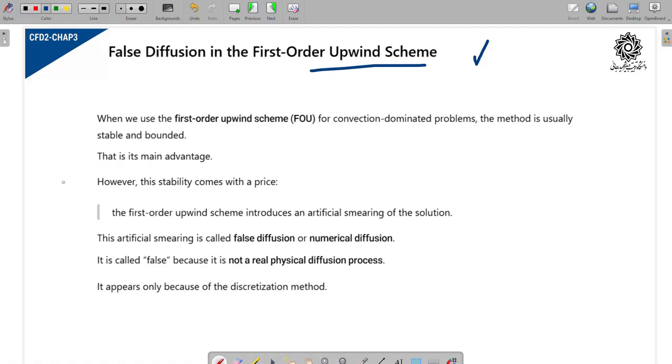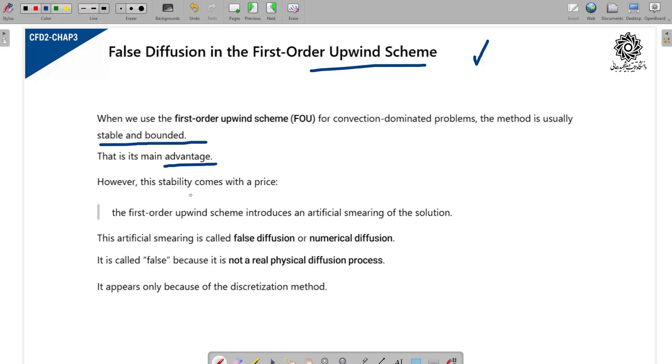When we use the first order upwind scheme for convection dominant problems, the method is usually stable and bounded. That is its main advantage: the first order upwind is stable and bounded.